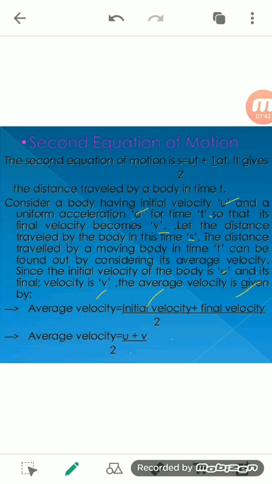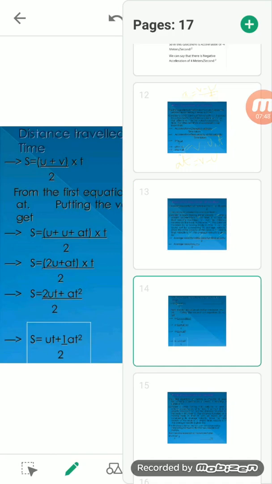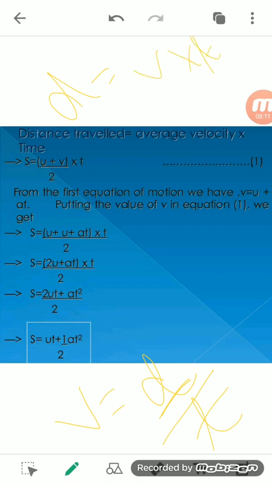Now see here. We know that velocity is equal to distance upon time. So if we want to find the value of distance, we can write distance is equal to velocity into time. The same thing has been done here.